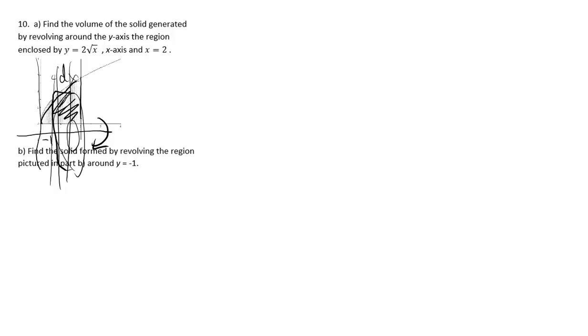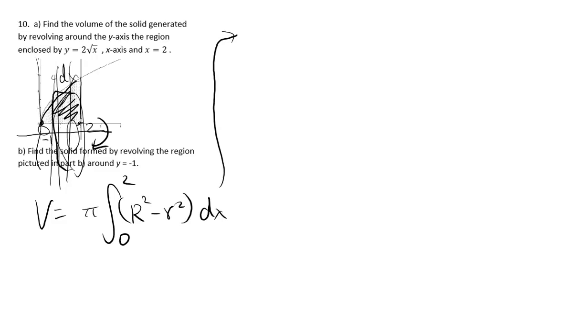So your volume would be the integral of pi times the integral of capital R squared minus small r squared dx. And then your x value would be from 0 until 2, because the minimum value is 0. It starts at the origin, and the maximum value is x equals 2. So it would be 0 to 2.